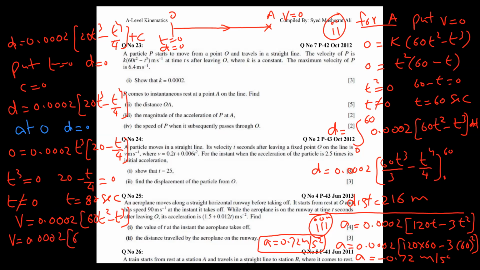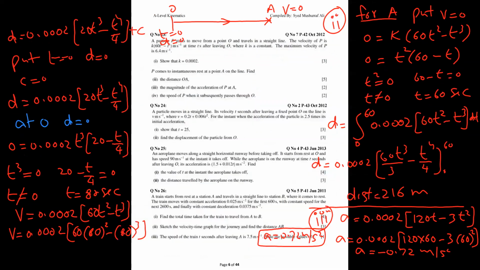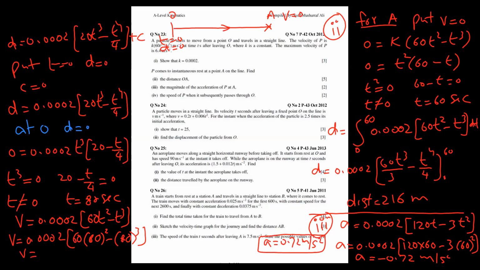So it is a little lengthy question, but anyway, I believe you got the idea. Just plug in the values and it will give us the answer. I'm typing 0.0002 in the bracket, 60 times 80 to the power 2 and negative 80 to the power 3, and the answer becomes negative 25.6.